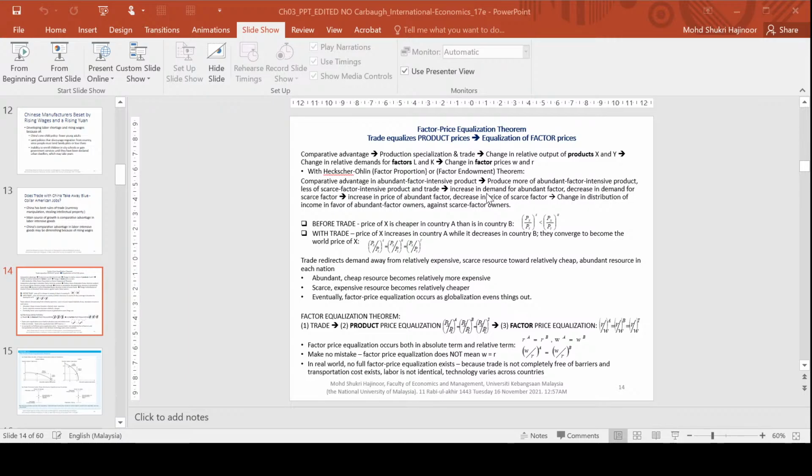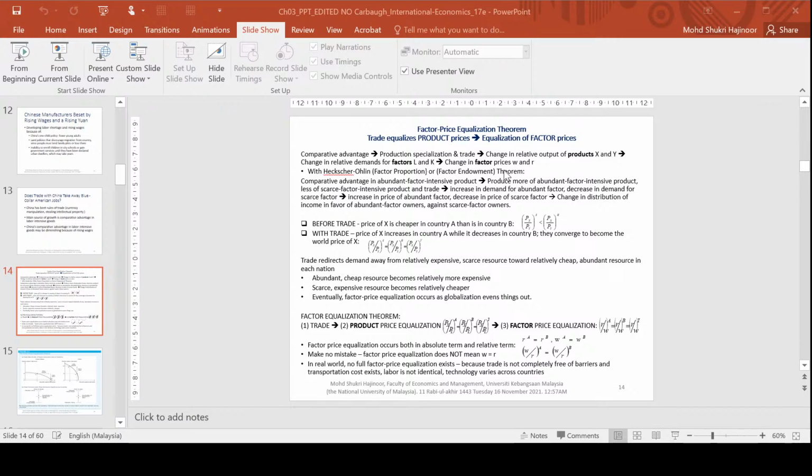Okay? The price of X relative to the price of Y is very expensive in country B. So country B does not specialize in X. It is expensive before trade because of high opportunity cost. The price of X is cheaper than the price of Y in country A because of lower opportunity cost to produce X in country A.